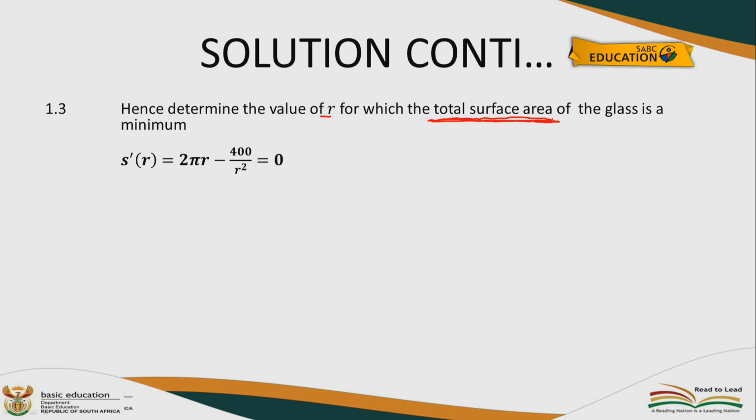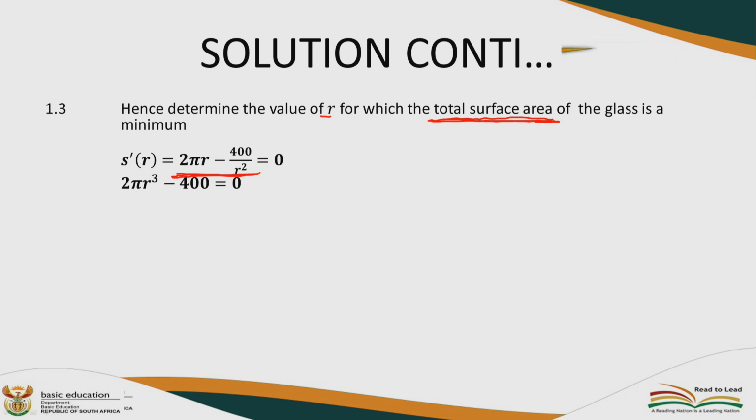Okay, so we take the expression for surface area, we take the derivative of that, we get 2 pi r minus 400 over r squared. Okay, so you guys should know how to do that by making use of differentiation rules. Because we have a fraction and I don't really like dealing with fractions, I'm going to multiply every term there by r squared.